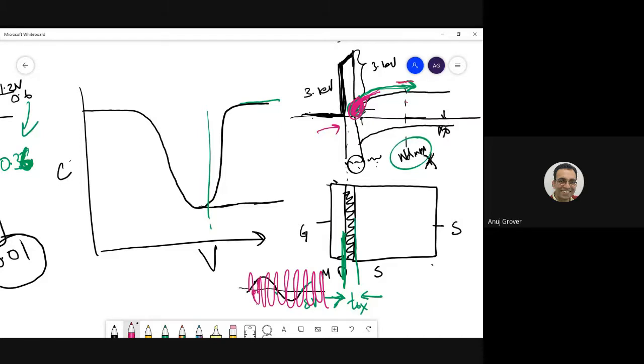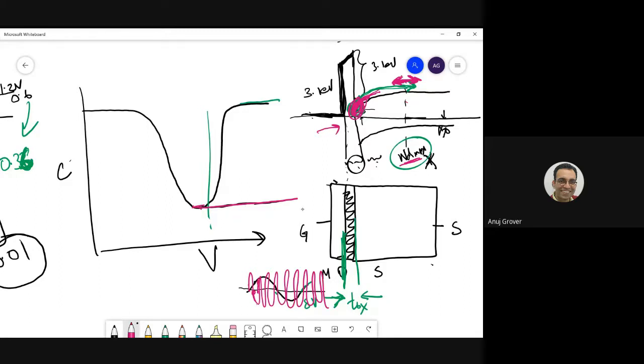When you applied a positive voltage, an electron wanted to come from here, but it could not come. Before it could come, there was a repulsive force, so it went out. So charge change actually happens here. Because charge change happens at the boundary of the depletion layer, and that was where your minimum capacitance was, your capacitance, even if you operate at a higher bias voltage, remains low.